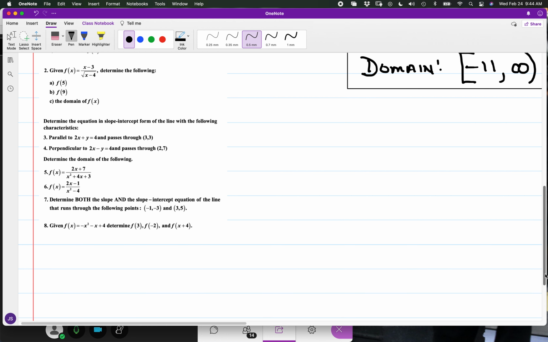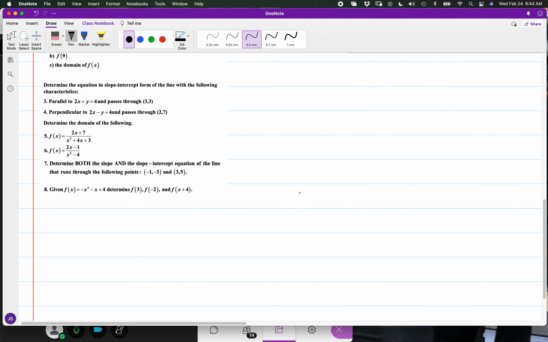Okay, and so for the third item, we have a given line, and to be able to establish the equations for parallel and perpendicular lines, we need to know what the slopes will be.